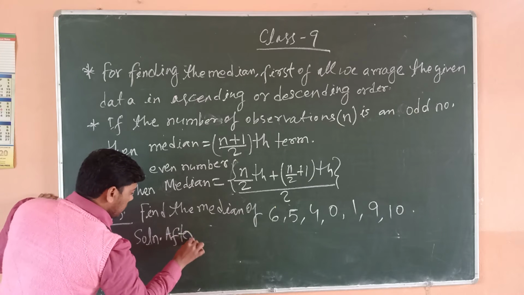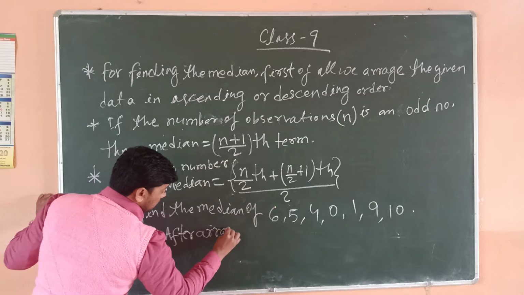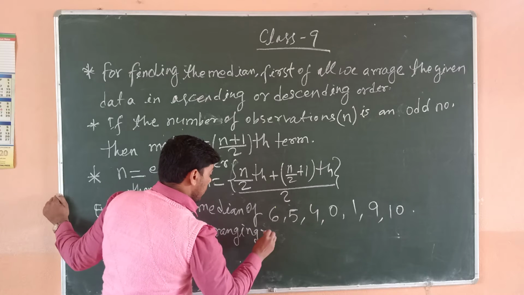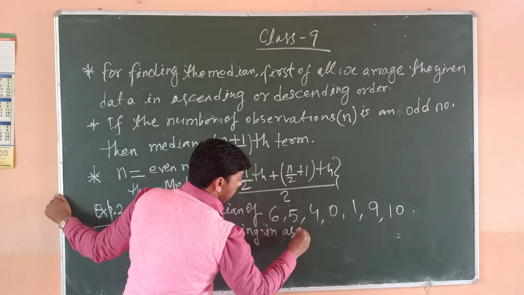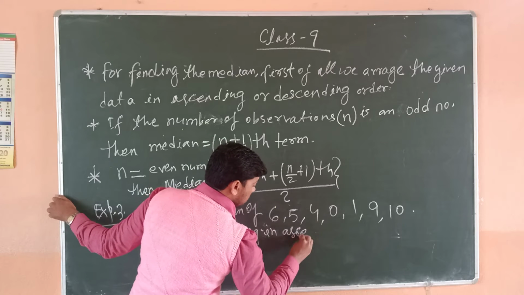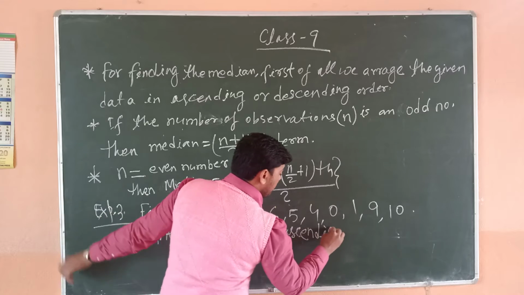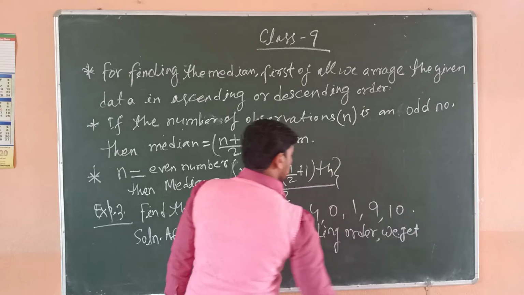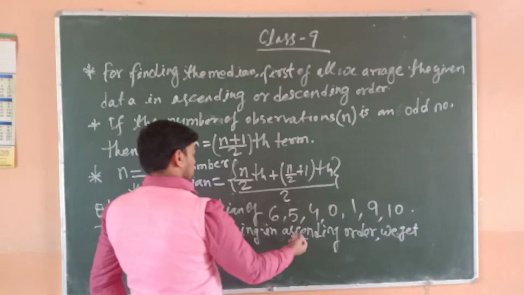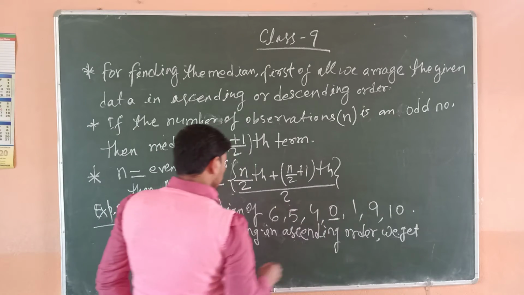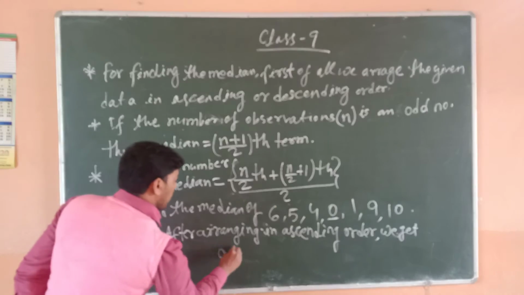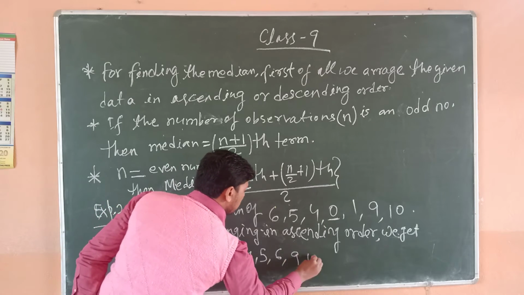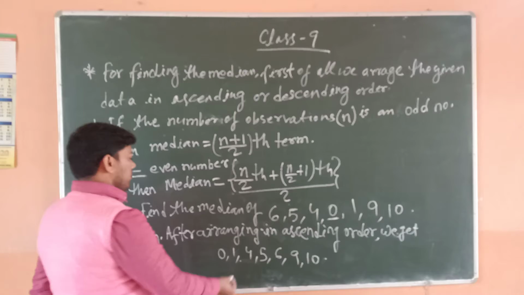After arranging in ascending order, we get 0, 1, 4, 5, 6, 9, 10.